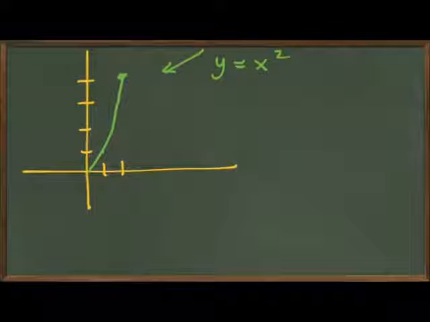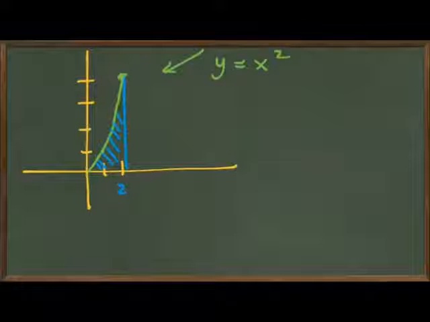So suppose we want to find the area under the curve y equals x squared on the interval 0, 2. So we want to find the area of this region right here, shaded in blue.